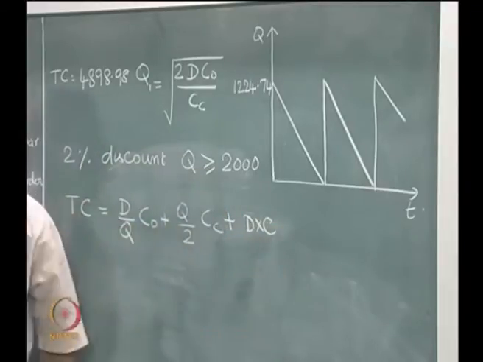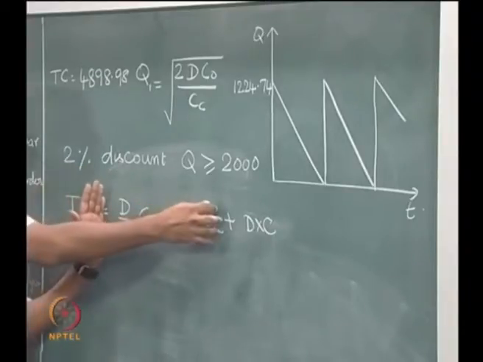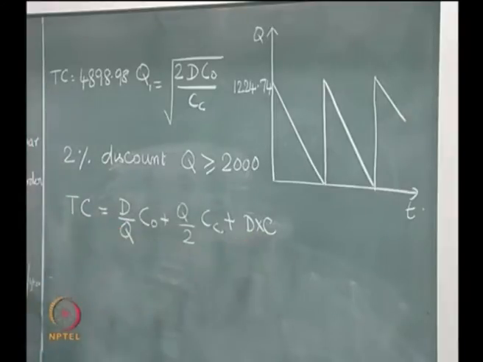So, this D into C is also a constant. When we increase the order quantity from 1224.74 to say 2000, this part is going to go up, and if this were a constant, it would never be economical to avail it, but then there is a discount.